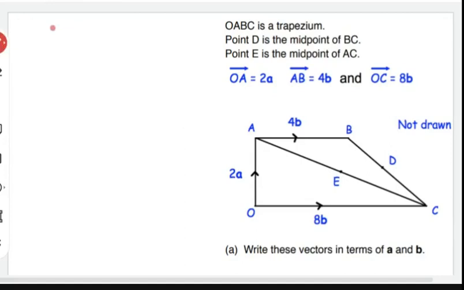You can see that A to B is 4B. O to A is 2A. And O to C is 8B. What about if you wanted to go from, say, O to B? 2A plus 4B.